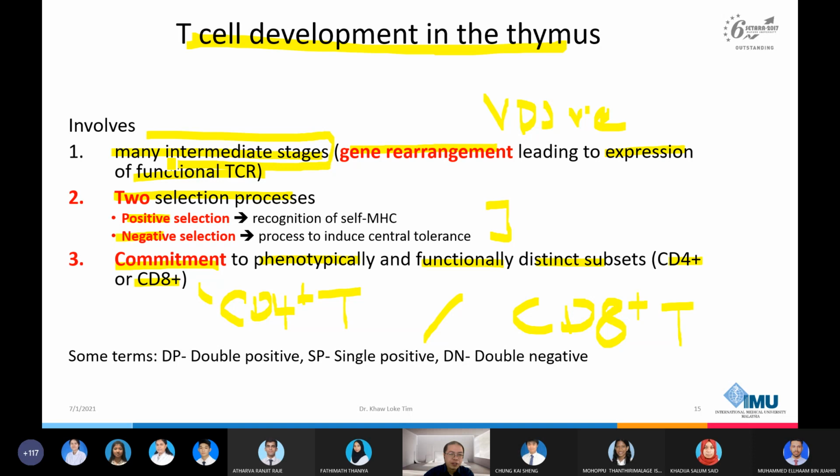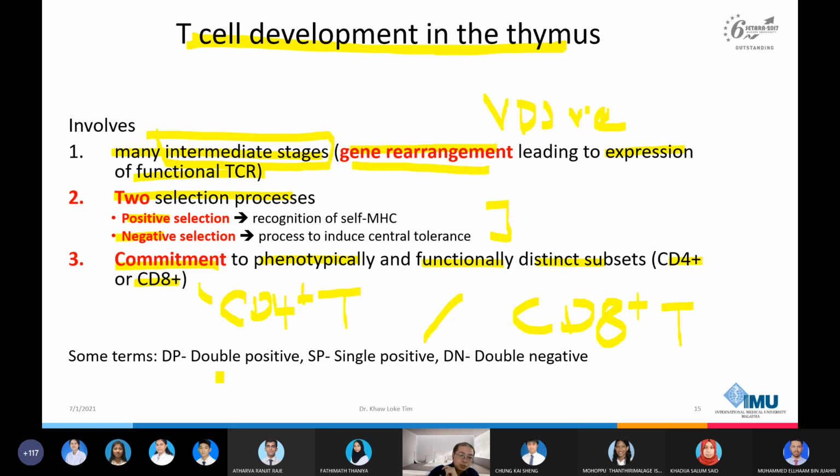I won't bother with this one. I actually care about the importance of why this happens during T cell development. I prefer that. I don't want you to remember details like pre, pro, or whatever. But never mind. Let's continue.